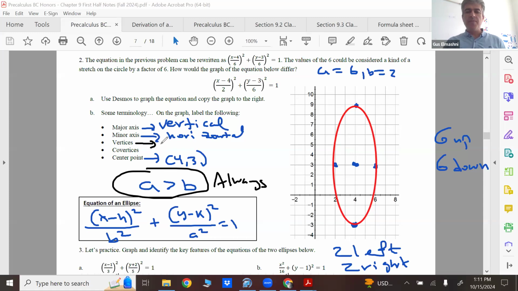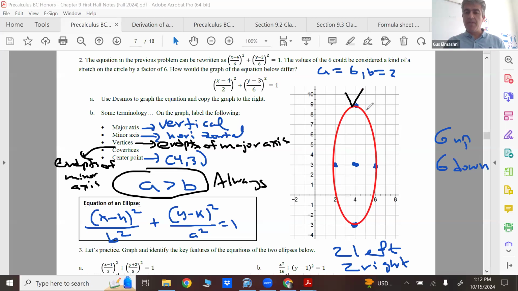So the vertices here are going to be the endpoints of the major axis. The co-vertices will be the endpoints of the minor axis.